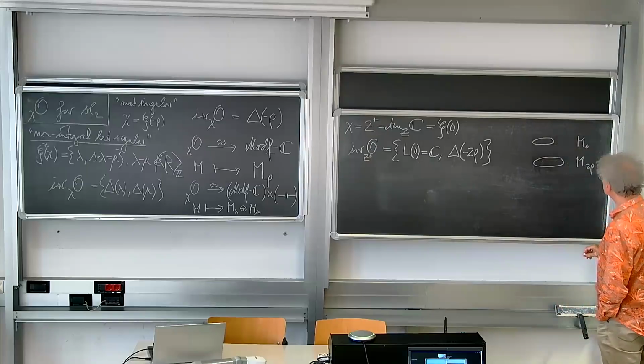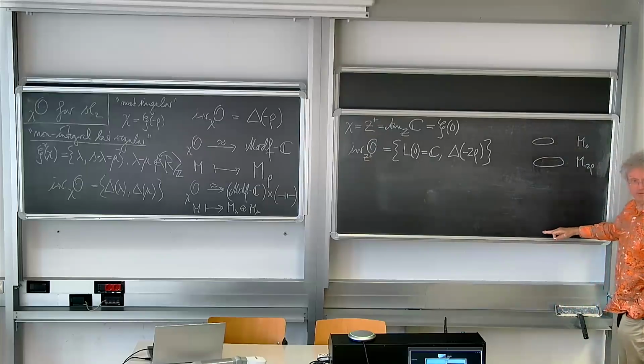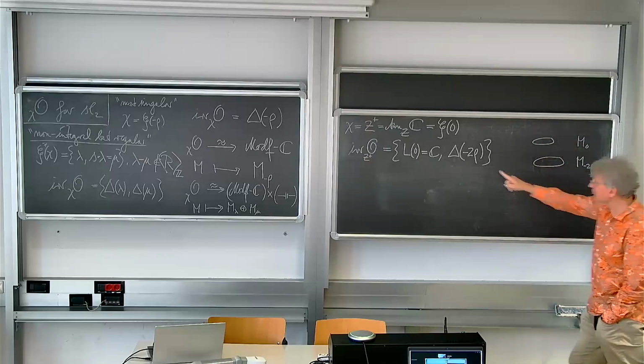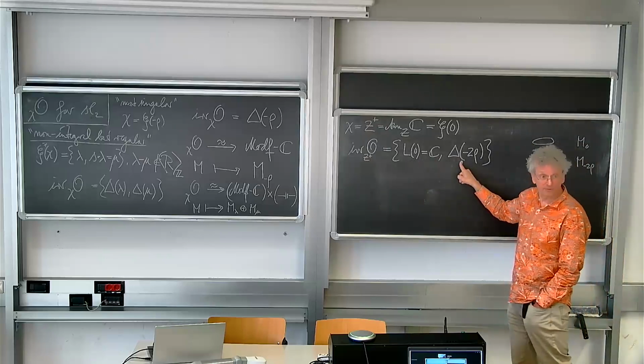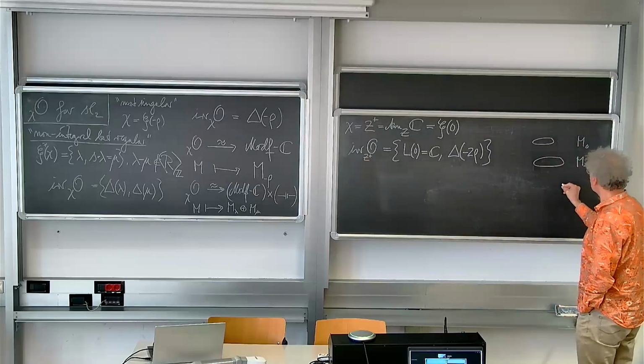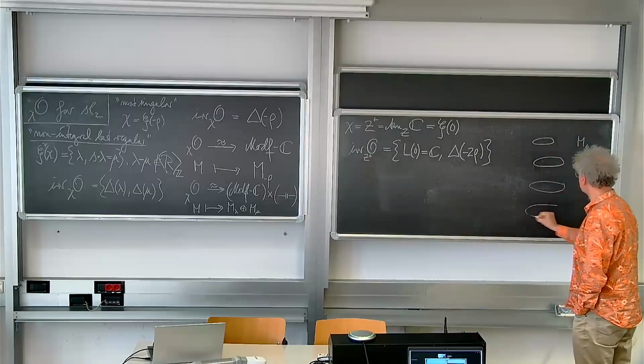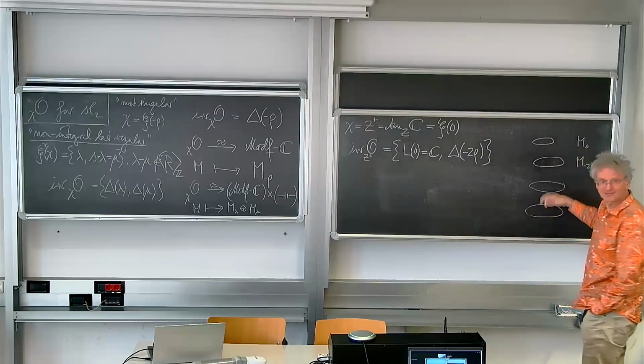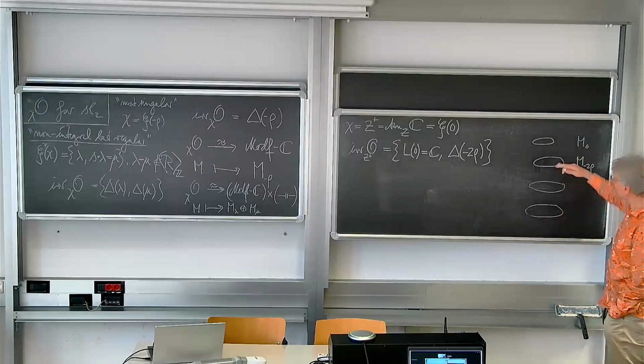Below, the weight spaces have to stay all the same, because these are the only two simple subquotients. So downstairs it's all isomorphic, but upstairs something can happen.